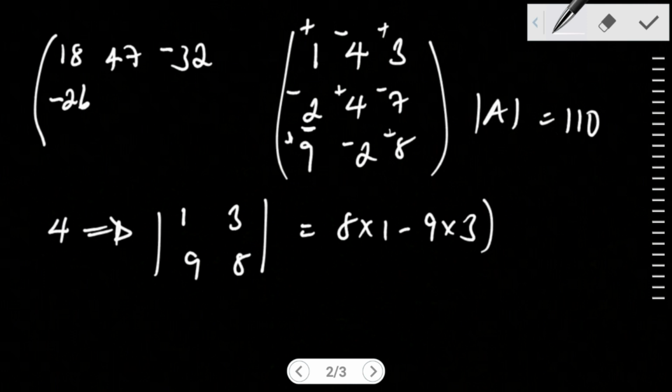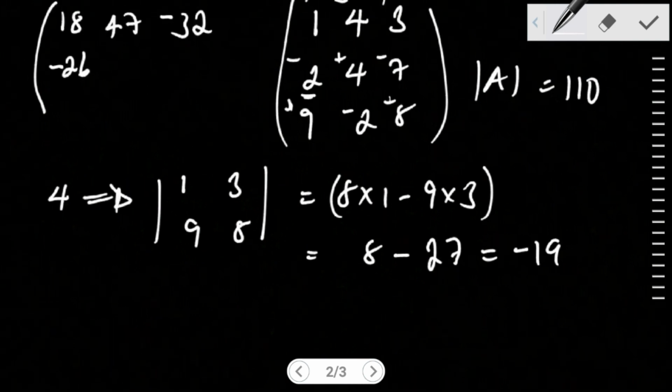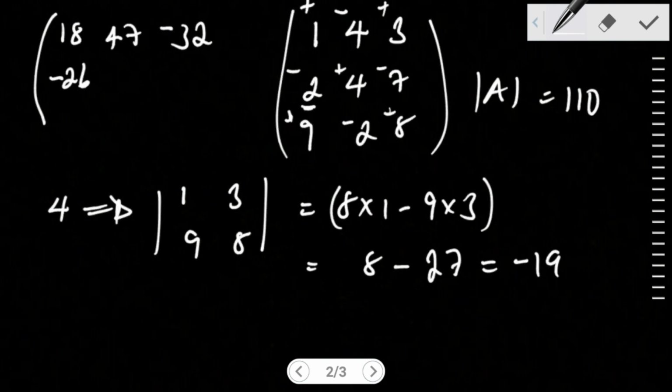If you work this out, you're going to have 8 minus 27. So here we're going to have negative 19. Now be aware of the sign on 4. It is positive, and therefore we maintain it with its negative. So we're having negative 19 in this case. Now let's look for the cofactor of 7.